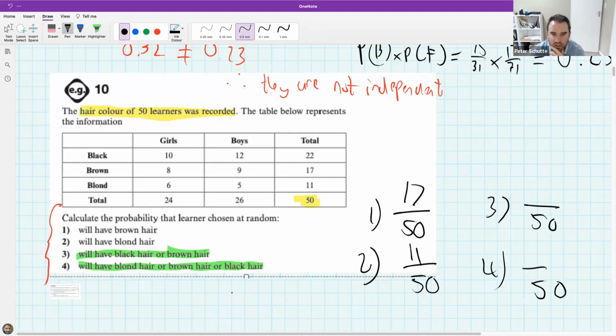So what do we think the answer for 3 is going to be? Well, what are the favorable outcomes? There's black hair, which is 22, or brown hair, which is 17. So there are 39 favorable outcomes.